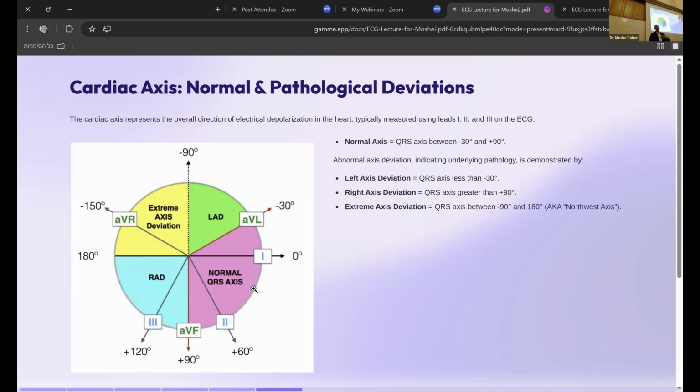When we speak about arrhythmia, what can be a cause of axis deviation which has clinical meaning? Have you heard of hypertrophy of the heart?